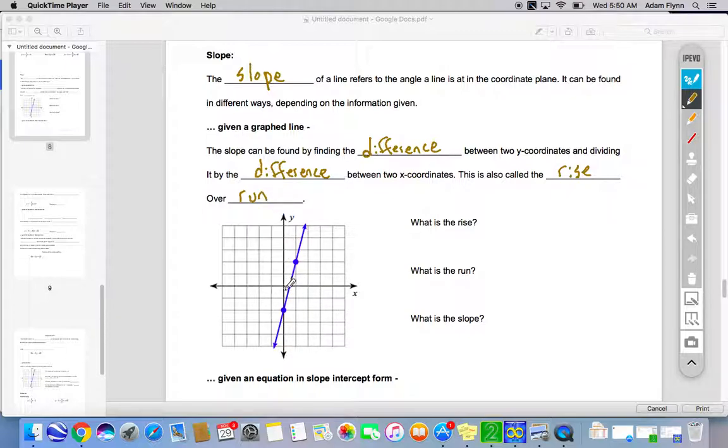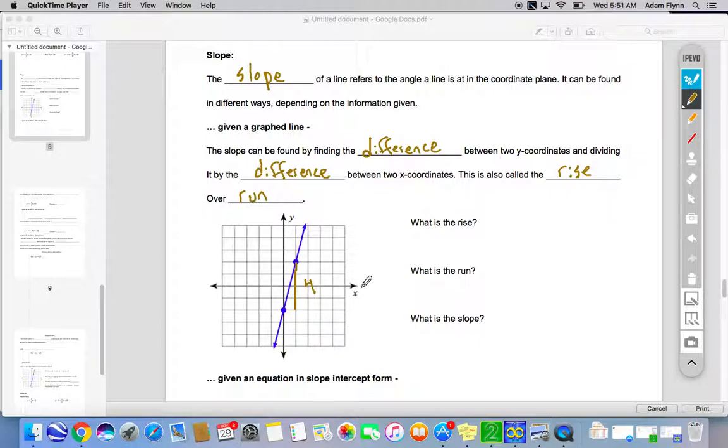Okay, so if we're taking a look at the rise here, I'm going to pick 2 points. In this case, they were already picked for me. So I'm going to take a look at the difference in the rise here. Okay, so from this point to this point, our rise is 1, 2, 3, 4.